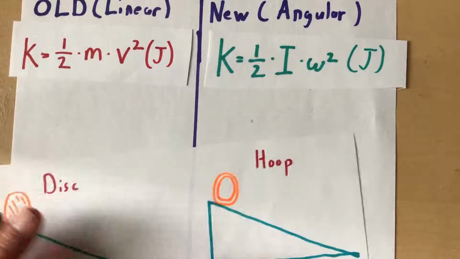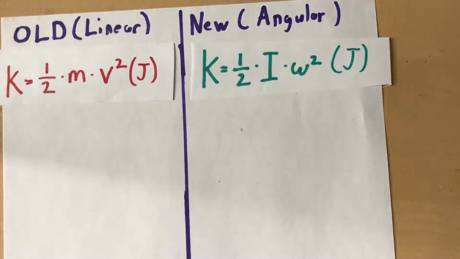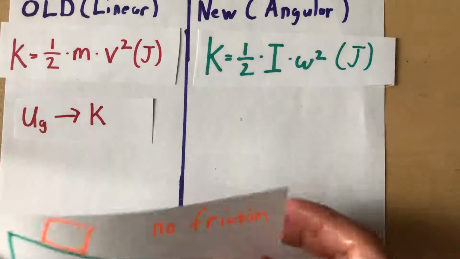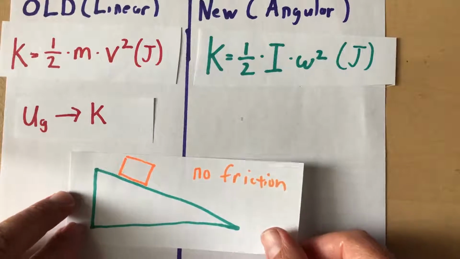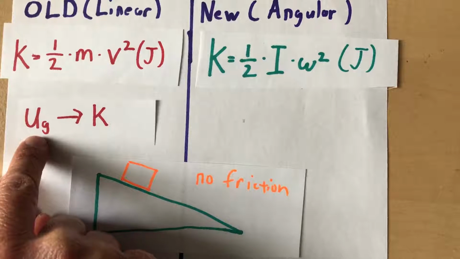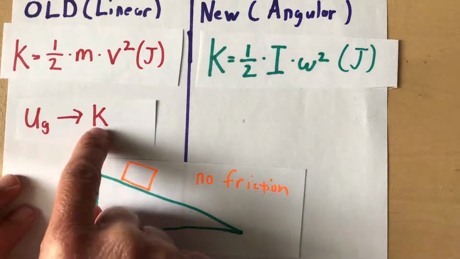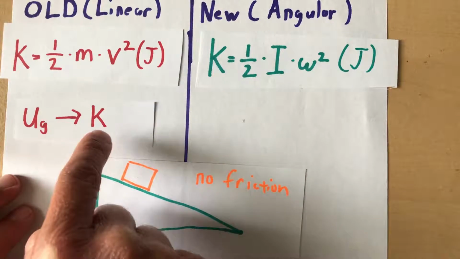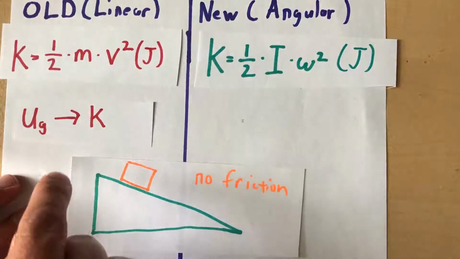So let's go back to this for a second and look at what's going on with the energies here. So in the old-fashioned way, when we have the ramp, or the box going down the ramp, then we have gravitational potential energy going into just old school kinetic energy, what we might call linear or translational kinetic energy.